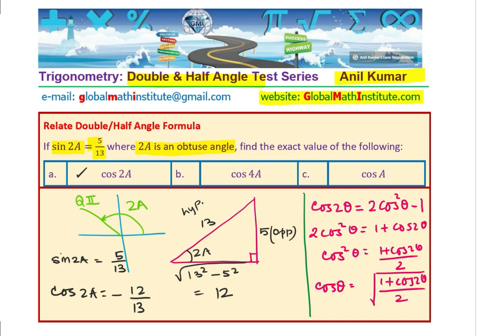Make sense? Well, whenever you do square root, you have to write plus and minus, correct? Now, if 2 theta is in quadrant 2, then theta will be in quadrant 1, correct? That means this has to be positive, so we'll actually take this value as positive. Is that clear to you?